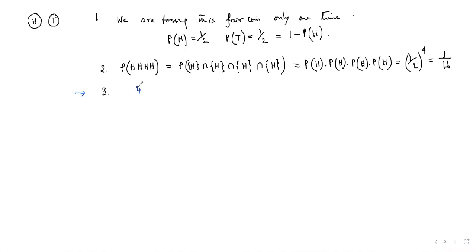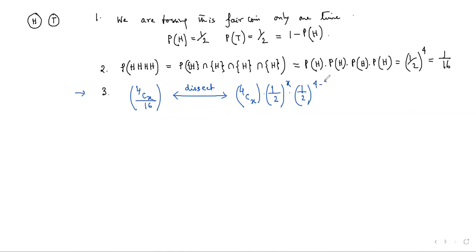Now, here comes the most important part. We have got our formula to be 4cx 1 by 16. We are going to dissect the formula in the following manner and see if anything changes. If I write the formula as 4cx half to the power x half to the power 4 minus x, there will be no problem, because this is similar to 4cx half to the power 4, and that is 4cx by 16.